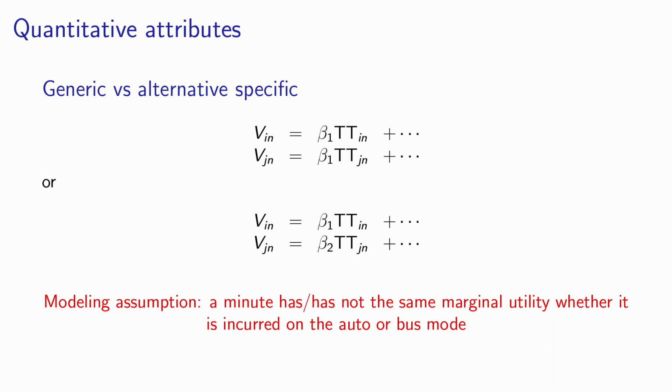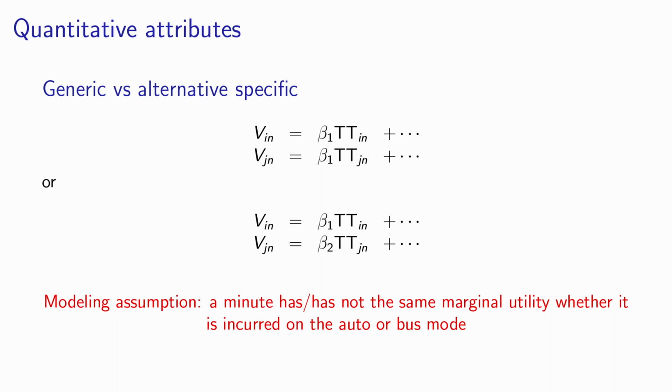For example, alternative i can be driving by car, and alternative j can be taking the bus. So TT_in is the travel time by car, TT_jn is the travel time by bus. And if you look carefully at the specification, the coefficient beta 1 is the same for car and for bus. So it's the same for i and j.